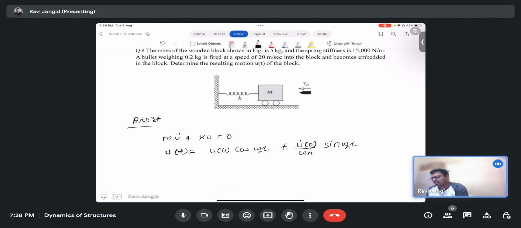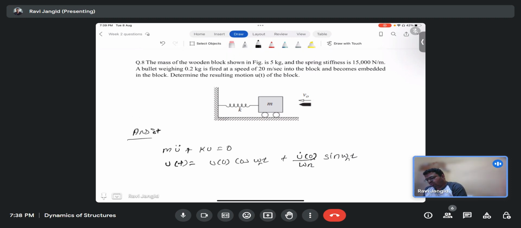So if I fire a bullet which weighs 0.2 kg and this mass is 5 kg, and after firing the bullet is embedded in this, what does my total mass become? 5 plus 0.2, 5.2 kg of mass. And after firing, my bullet is in this system.